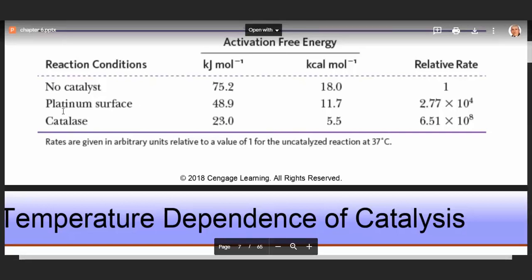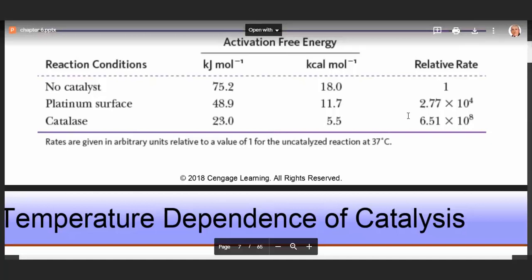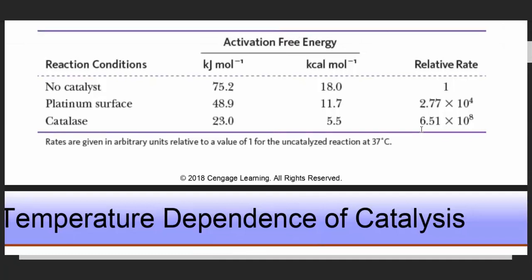However, if you add an enzyme called catalase, you see the free energy drops from 18 to 5.5, and the relative rate increases by about 650 million times. So this is a very large effect. This is called catalysis.